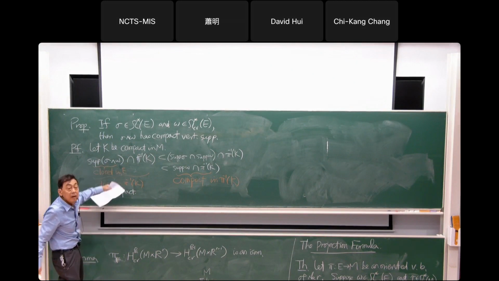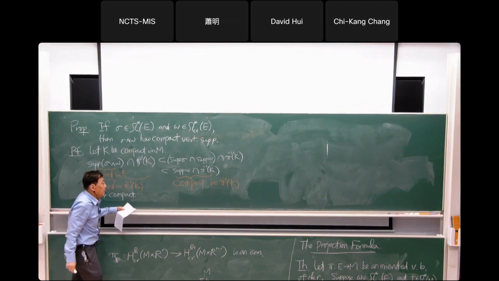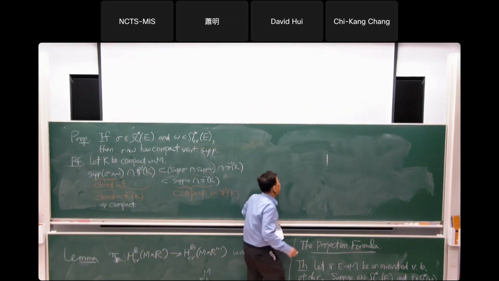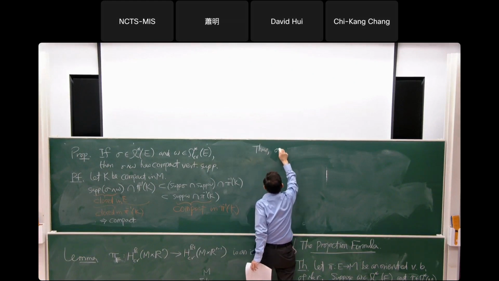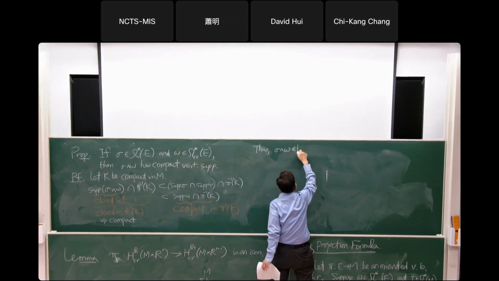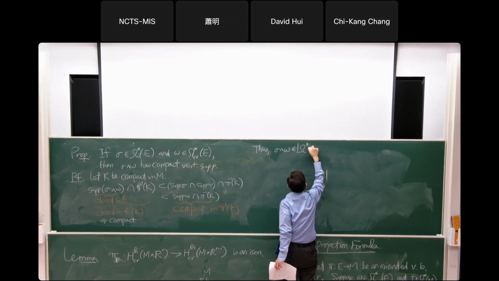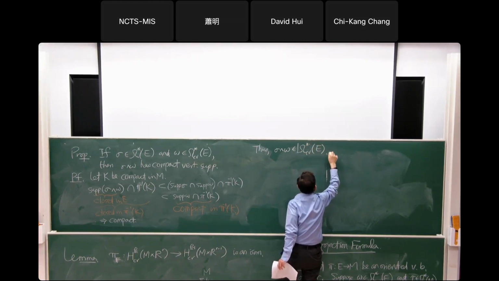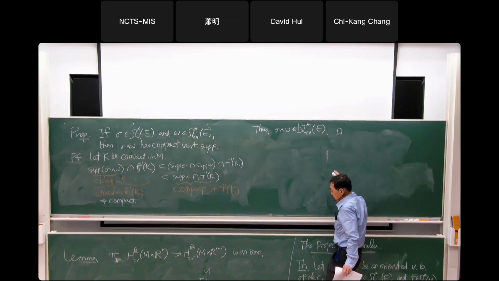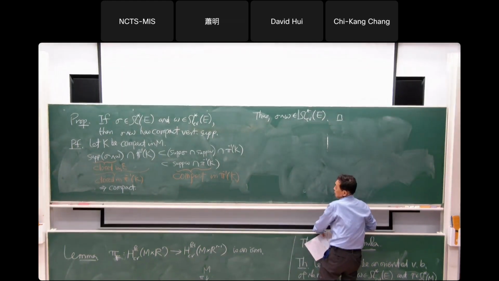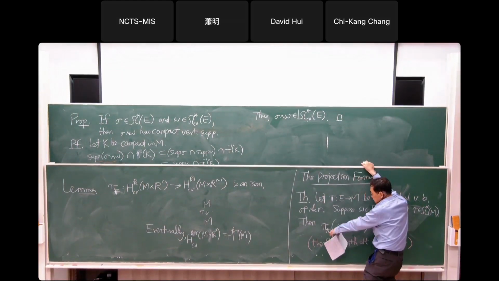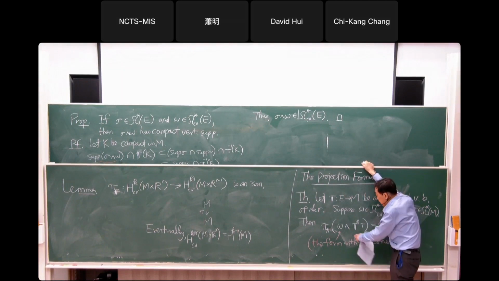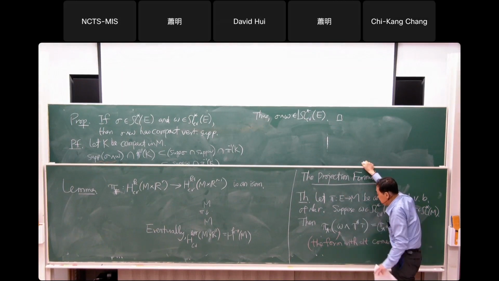And therefore, the wedge product has compact vertical support. That just shows that the left-hand side makes sense: this wedge product has compact vertical support, and you integrate along the fiber.